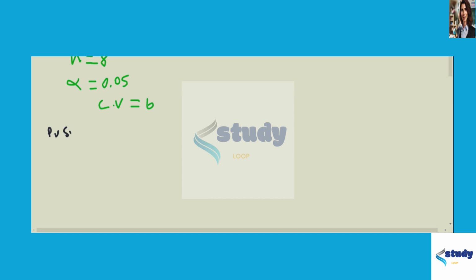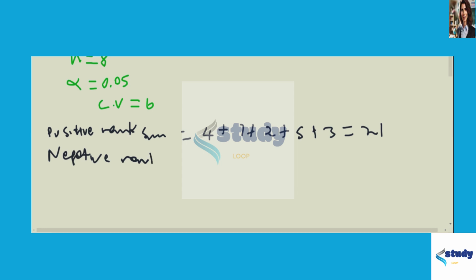So the positive rank sum is equal to 4 plus 7 plus 2 plus 5 plus 3, which is equal to 21, and the negative rank sum is equal to negative 1 plus negative 8 plus negative 6, which is equal to negative 15.